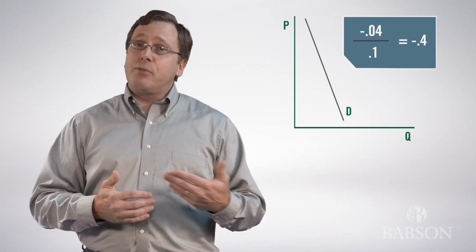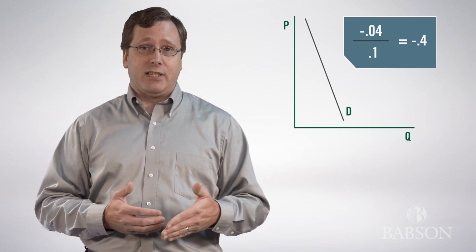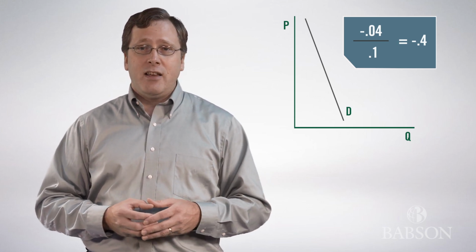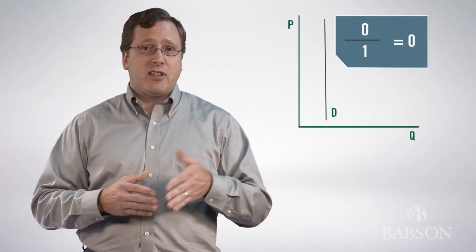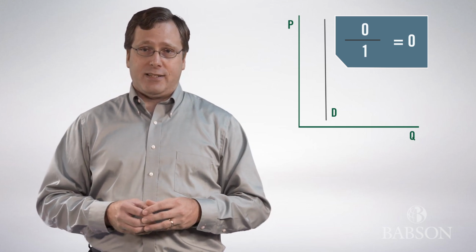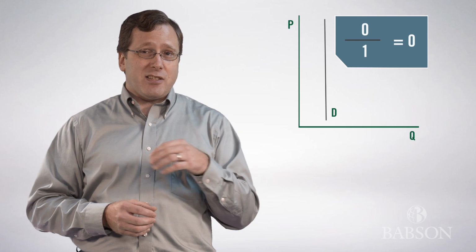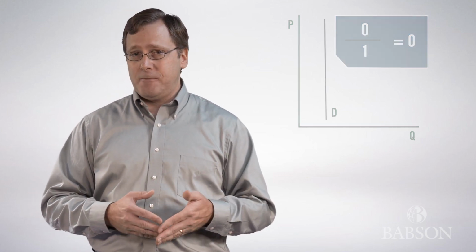If the price elasticity of demand is 0.4, then a price increase of 1% would lead to a 0.4% decrease in the quantity demanded, and this would be called inelastic. If the quantity demanded did not change at all, then the demand curve would be vertical, and it would be perfectly inelastic. This essentially means that the price has no impact on a consumer's demand for the product.